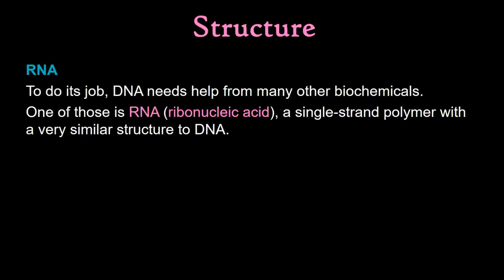So not deoxyribonucleic acid, just ribonucleic acid, which means its sugars are not missing an oxygen. We know, of course, we've seen now that DNA is a double strand or a double helix, but RNA is a single strand.